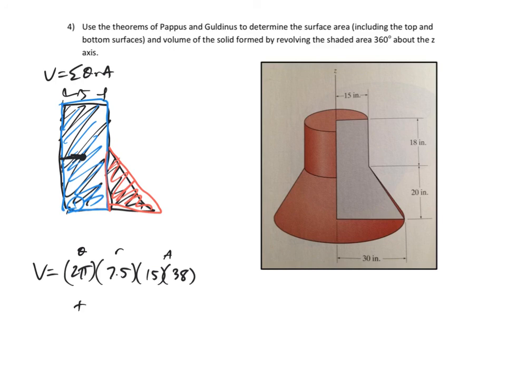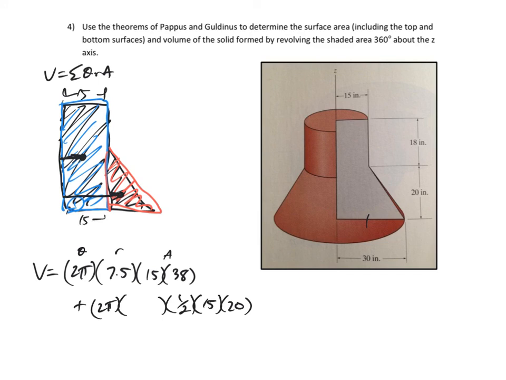And then for the triangle, I need to do its theta RA. Its theta is 2 pi. Its A, it's a triangle. What is the area of a triangle? 1/2 base times height. It has a base of 15 and a height of 20. And its R, all right, where is the centroid? The centroid would be right here, 1/3 closer to this side.